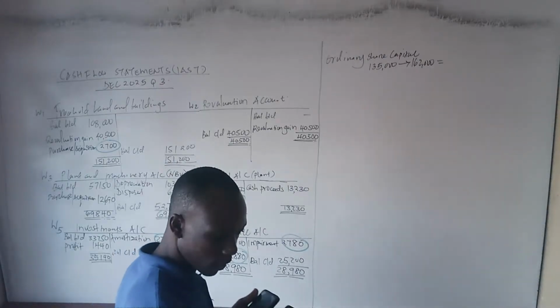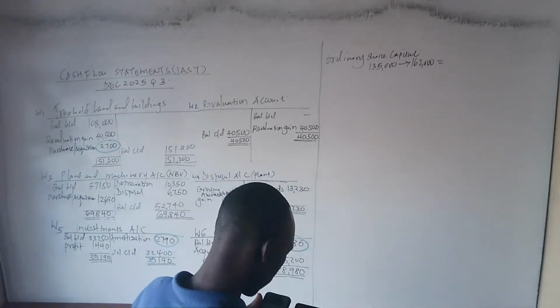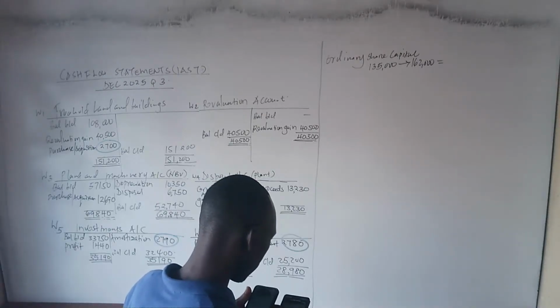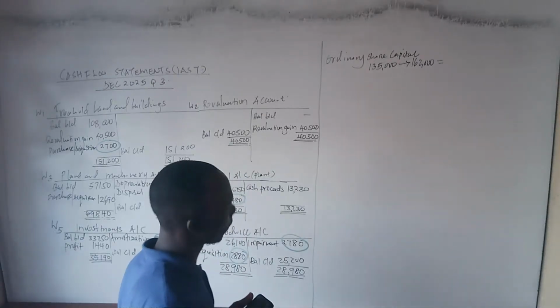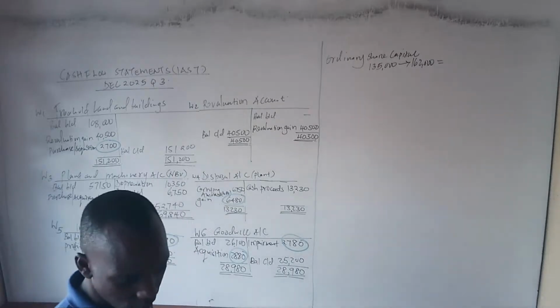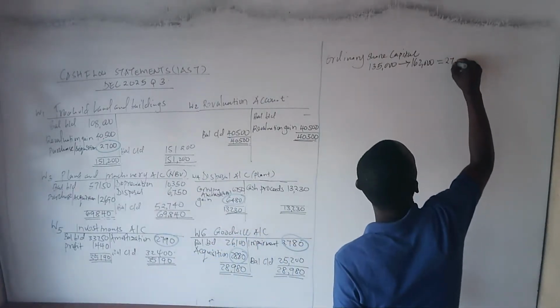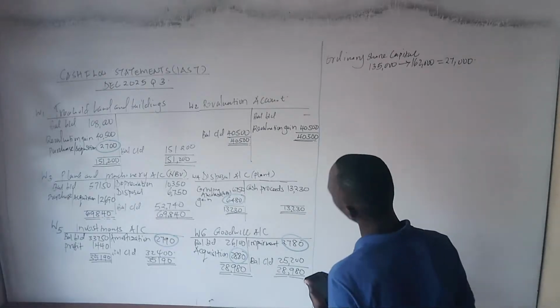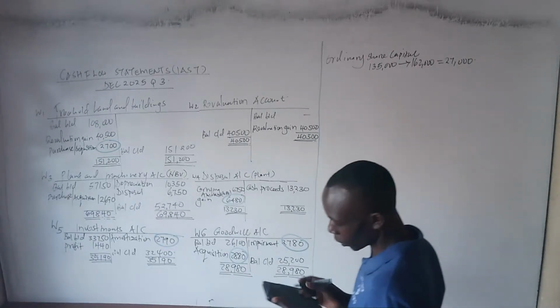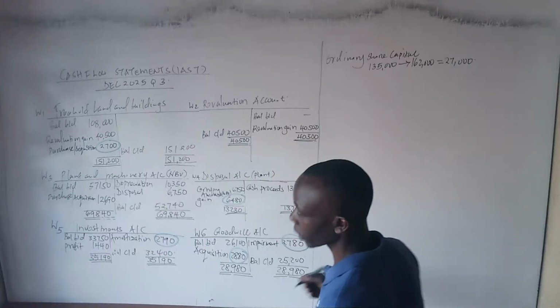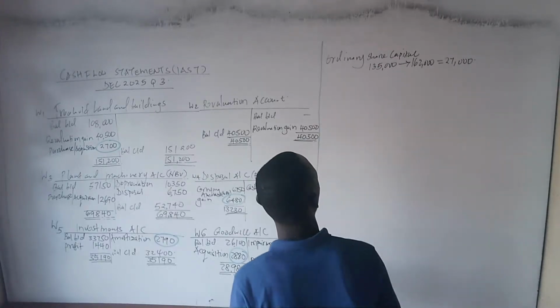So we have 135,000, then 162,000, so we have a difference of 27,000. Here we have issued more amounting to 27,000. And we have no information talking about the ordinary shares, meaning those shares were issued for cash.